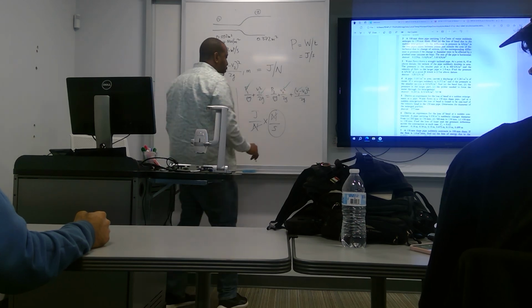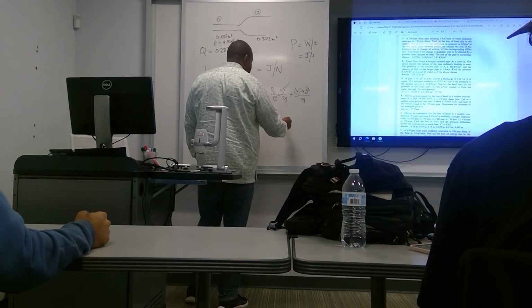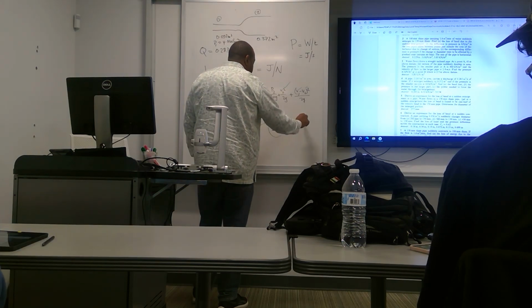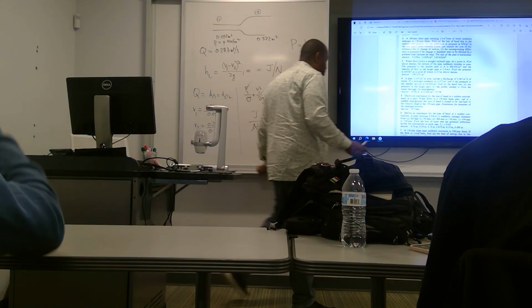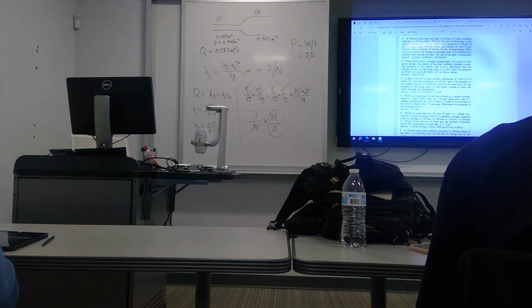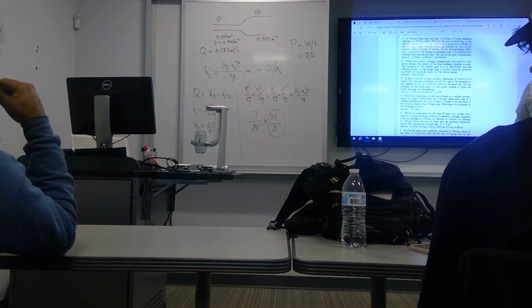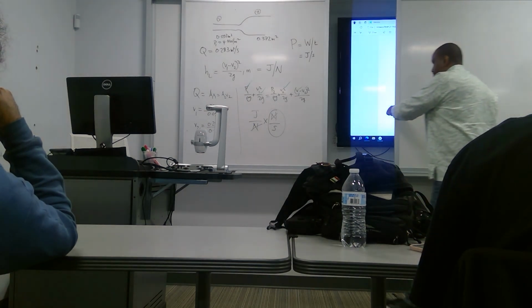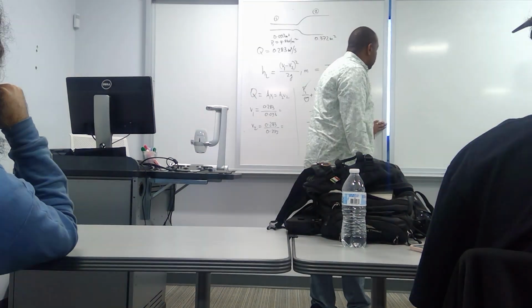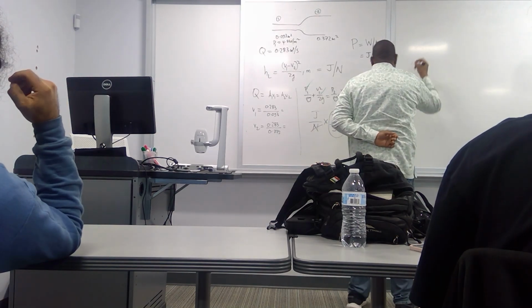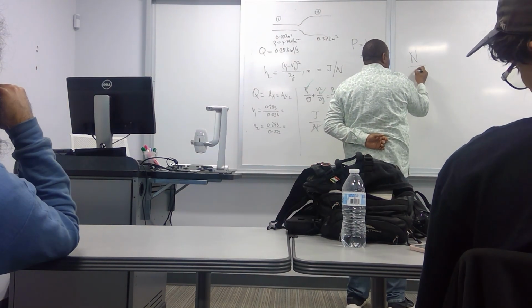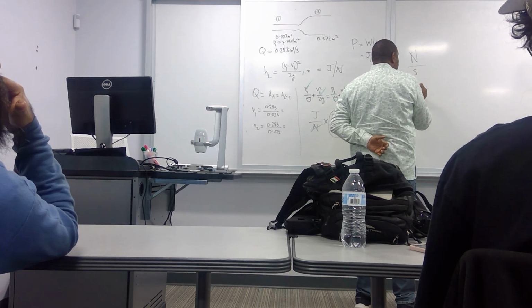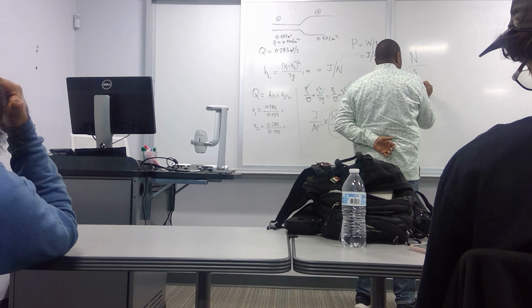So my friend here says, let's start off with Q. I want to get newton per second, but I start off with Q. Q is meter cube per second.